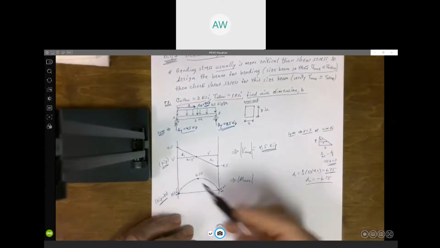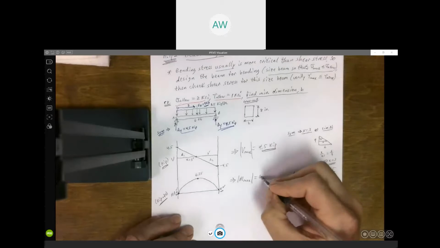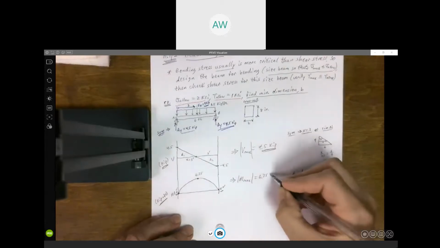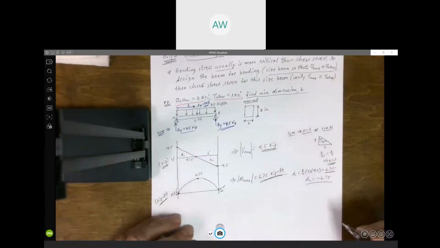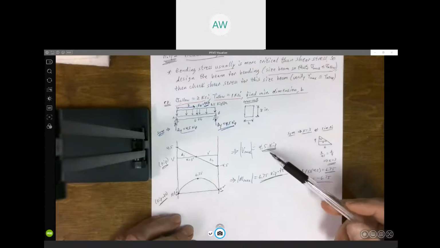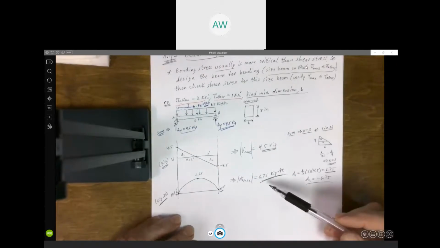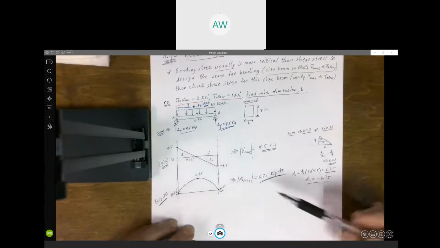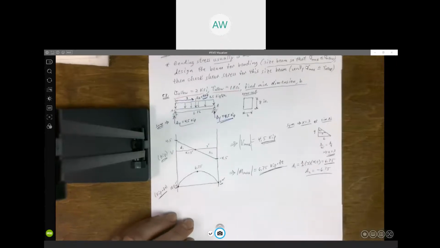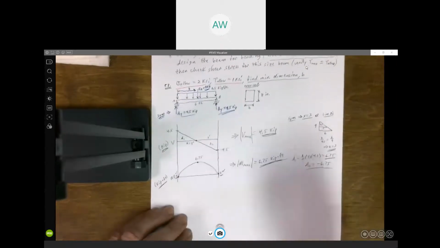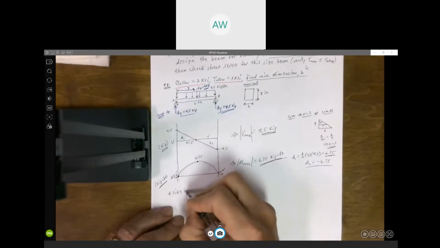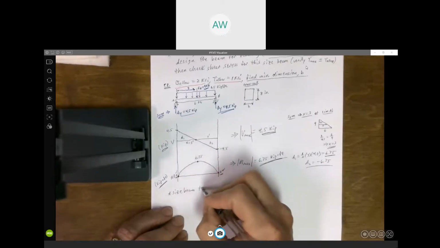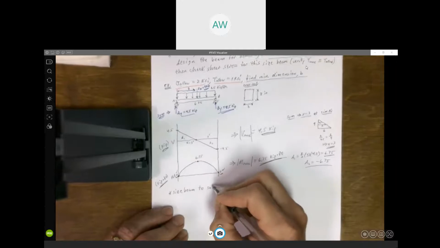In this case, it's positive. It's 6.75. Those are kip feet. So I know what the maximum shear force is. I know what the maximum bending moment is. So remember, we're going to size the beam to satisfy bending.